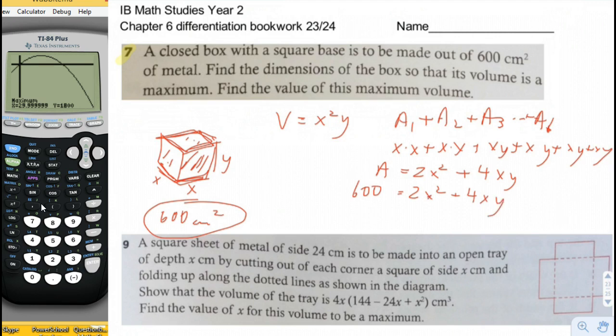And then we know that the volume is equal to x squared times y, and we're trying to maximize that. So the first thing we need to do is try to write the volume equation with only one variable, either x or y. So we're going to use this constraint equation to express x in terms of y or y in terms of x, whichever one is easier.